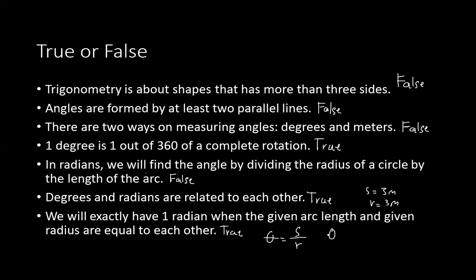Then we will have 3 meters divided by 3 meters. It's like you're dividing a number by itself, so you will have exactly 1 radian. Therefore, the answer is true, if and only if the arc length and the radius are equal to each other.